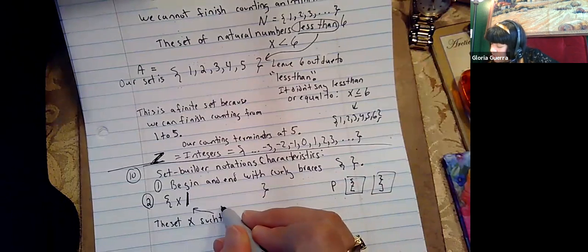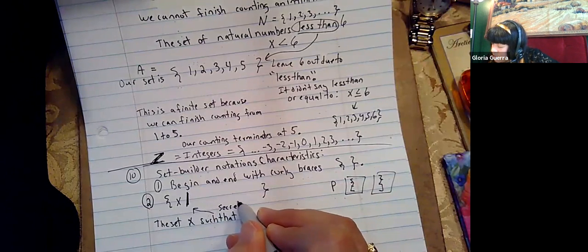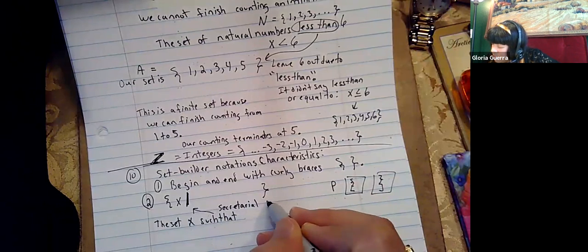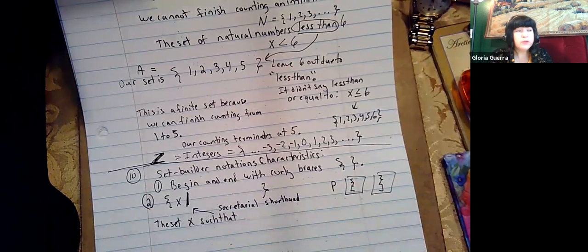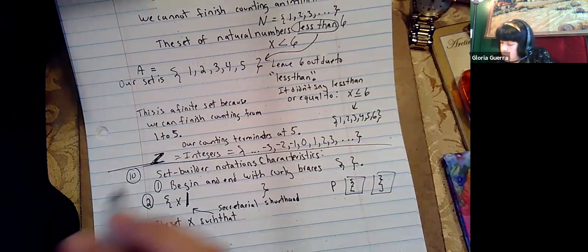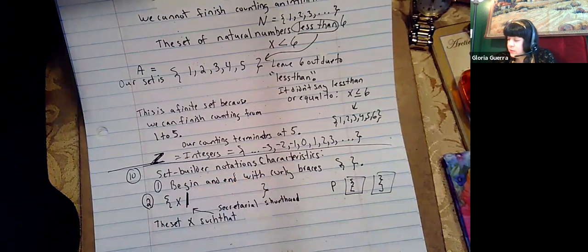This is secretarial shorthand. People who have secretaries, probably lawyers, have secretaries, and I'm sure they still have a school for secretaries. They have to learn shorthand. In mathematics, we do tend to borrow some of their shorthand notation from secretarial work. So this vertical bar means such that. That's in set builder notation.